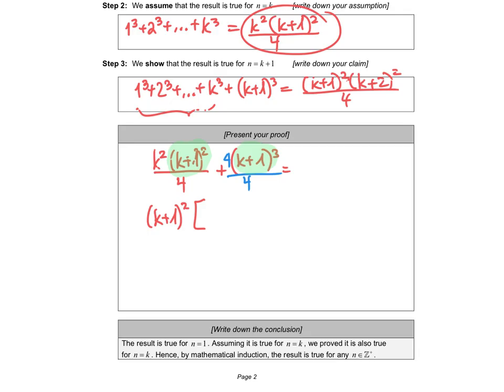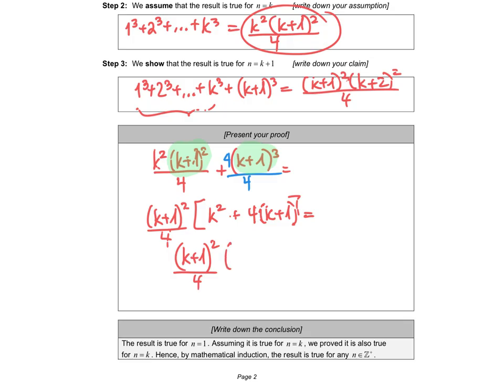So we need a k squared for the first term, and we can put out a 4 here. And for the second term, we need the 4, and we need k plus 1. So we're going to have k plus 1 squared over 4.